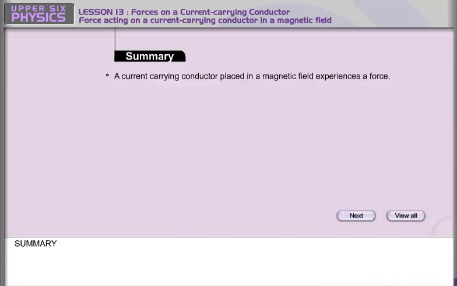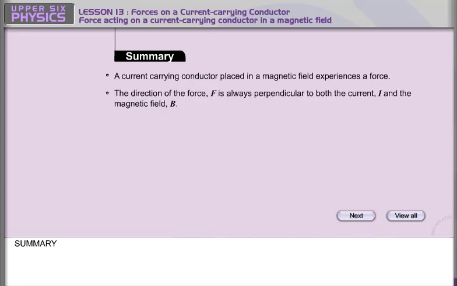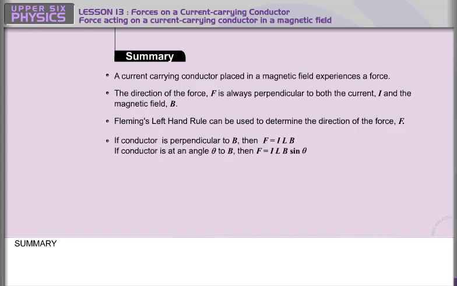Summary. A current carrying conductor placed in a magnetic field experiences a force. The direction of the force, F, is always perpendicular to both the current, I, and the magnetic field, B. Fleming's left-hand rule can be used to determine the direction of the force, F. If the conductor is perpendicular to B, then F equals ILB.